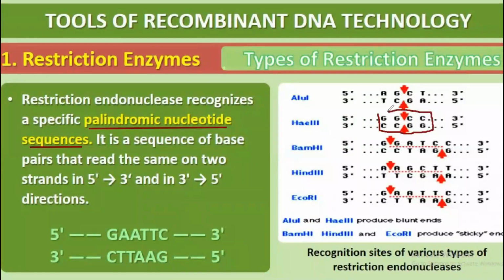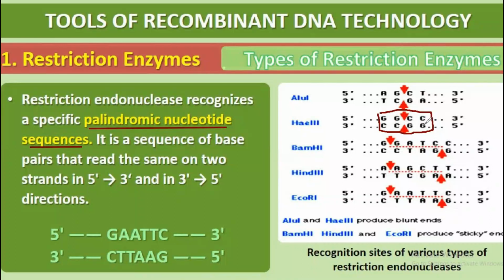What do you mean by palindromic nucleotide sequence? It is a sequence of base pairs that read the same on two strands, that is in 5' to 3' direction and in 3' to 5' direction. See, GGCC. Here also GGCC.